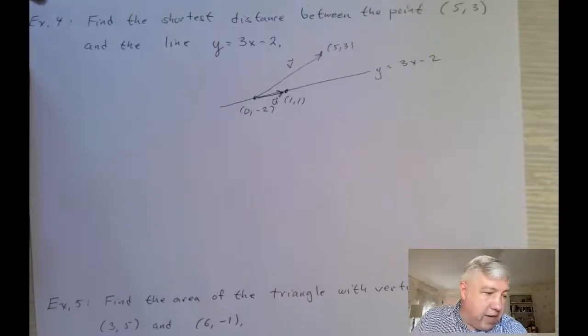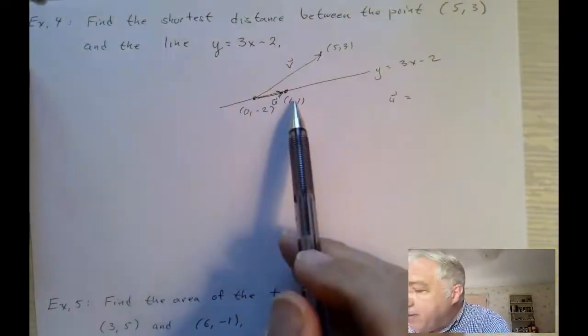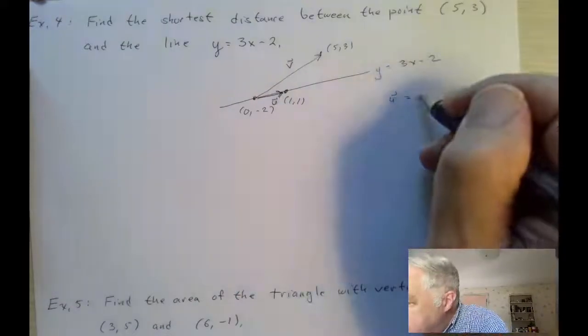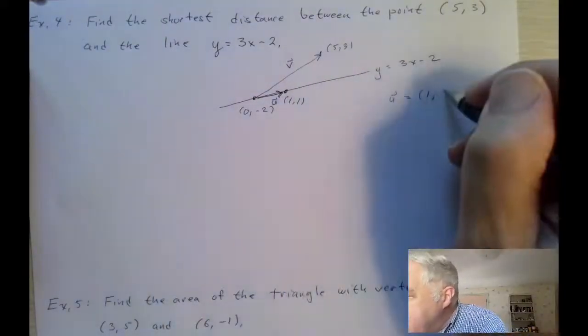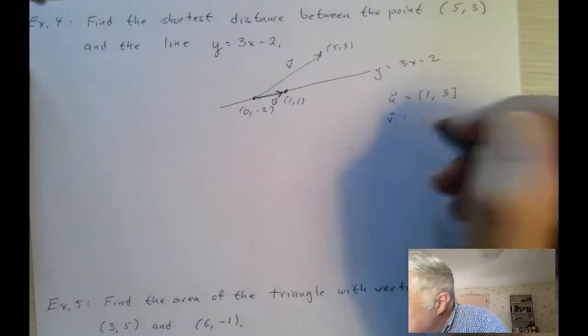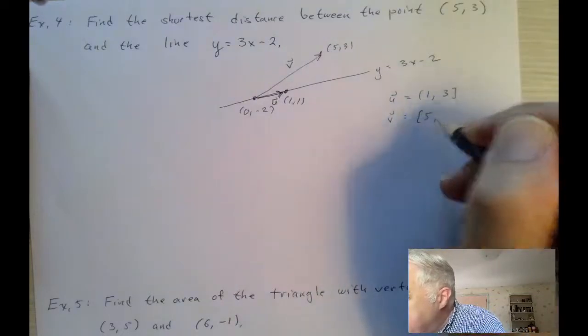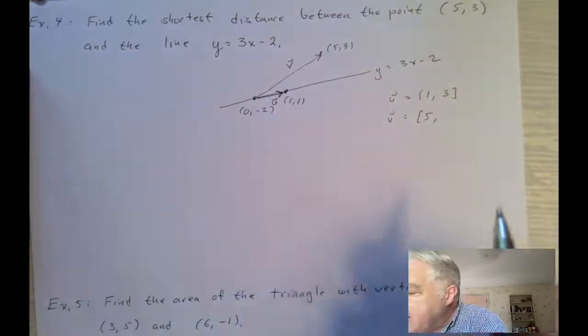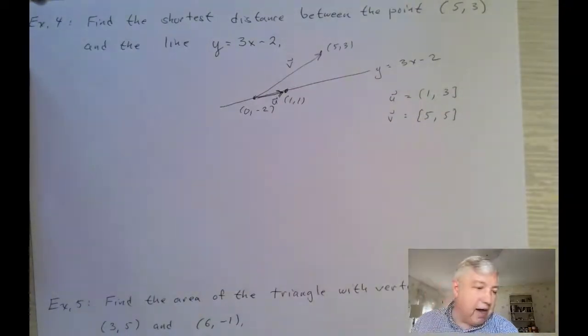Right, so we can see that U is going to be 1 minus 0, that's 1, and 1 minus negative 2, that's 3. So that's U. And then V will be 5 minus 0, that's 5. 3 minus negative 2, that's going to be 3 plus 2, that's 5.